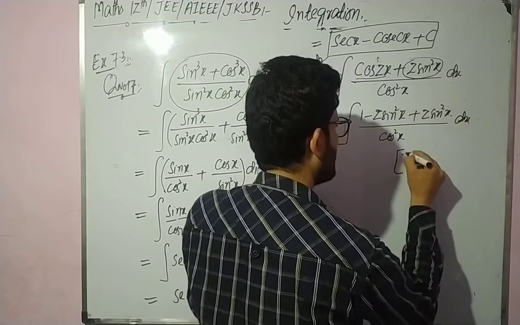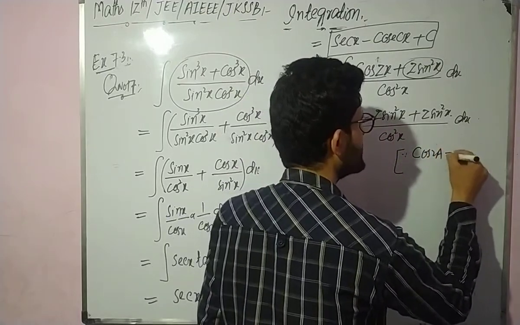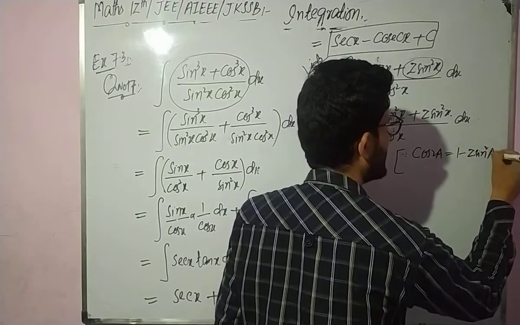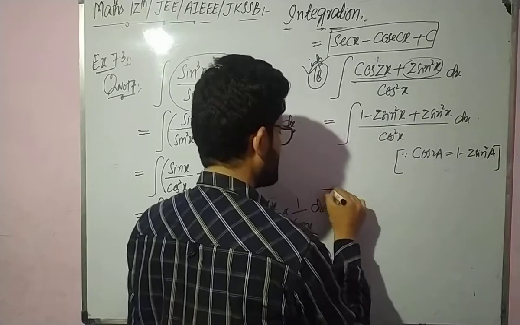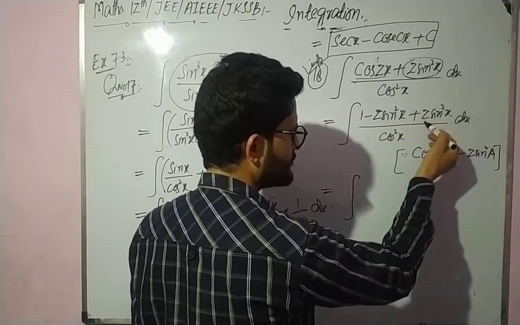Because we have used a formula here, and that is cos 2a, which is equal to 1 minus twice sine square a, and that is further equal to integration of minus twice sine square plus twice sine square.